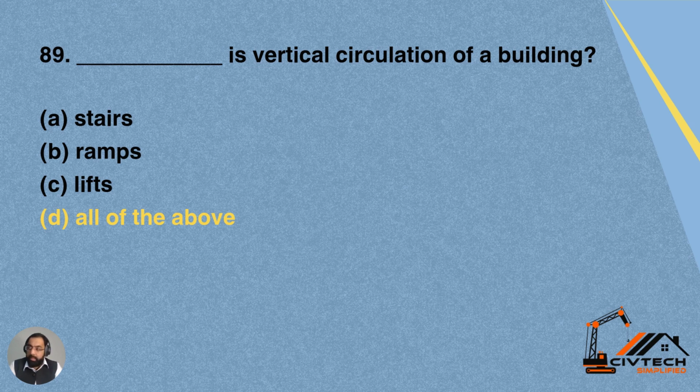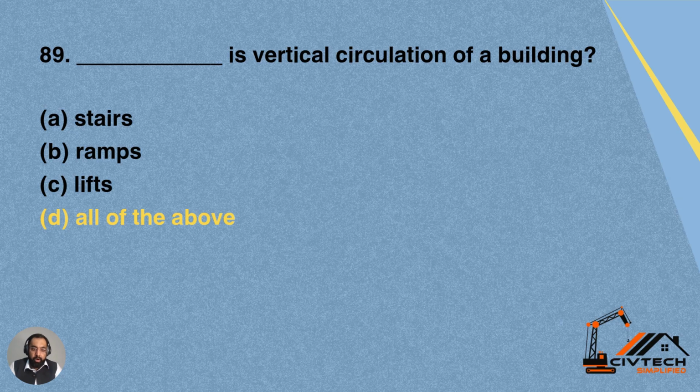89. Dash is vertical circulation of a building. So which components of a building are considered as vertical circulation? Number A, stairs. Number B, ramps. Number C, lifts. D, all of the above. So all these are going upward to the other floors.